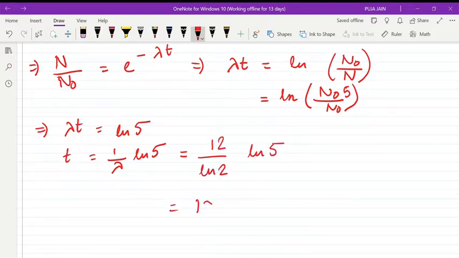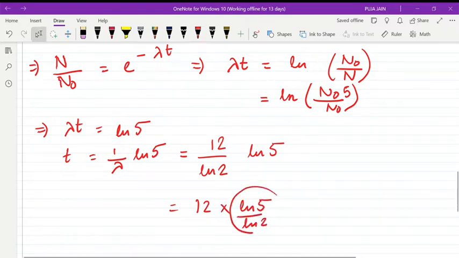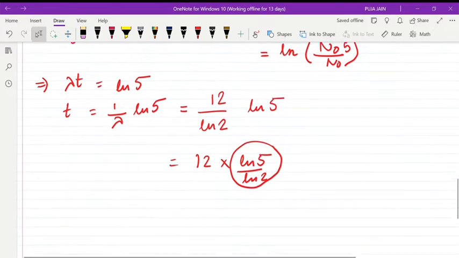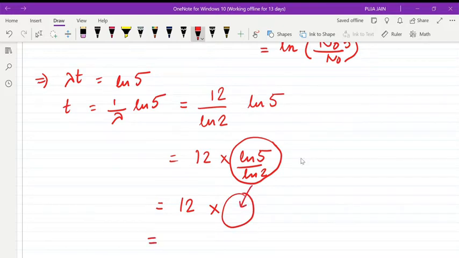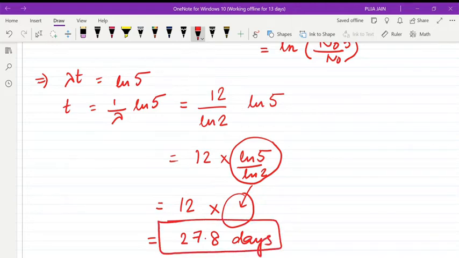So 12 into ln 5 by ln 2, you can calculate using the calculator provided in your exam. You will get the final answer of 27.8 days. Check this value and let me know whether you are getting this answer or not.